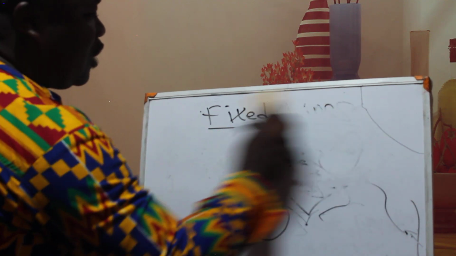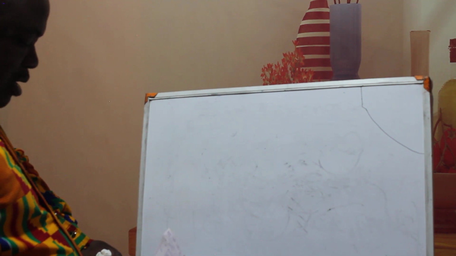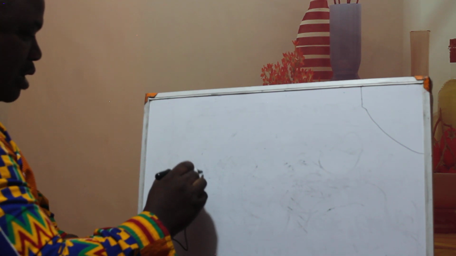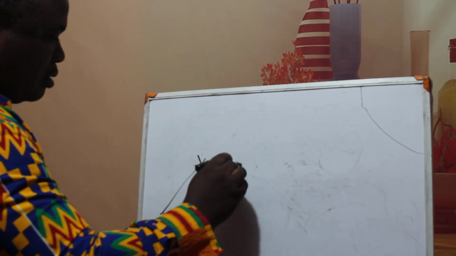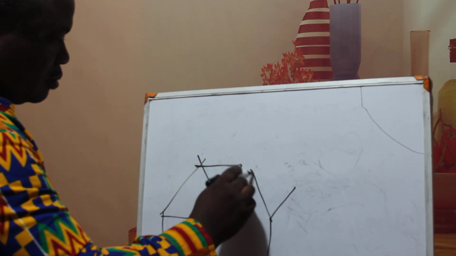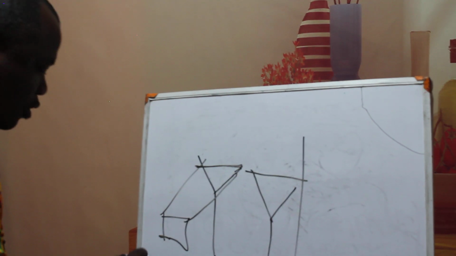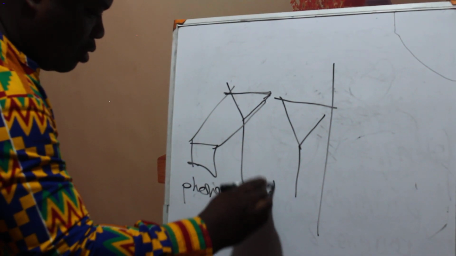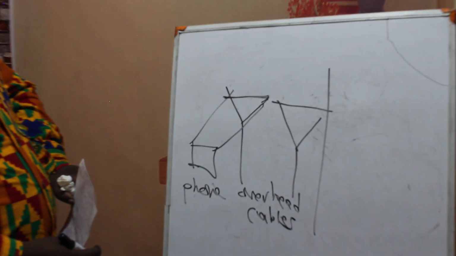Now, this was how it looks like. So the fixed line network, basically you have your phone sitting somewhere here. These are overhead cables.